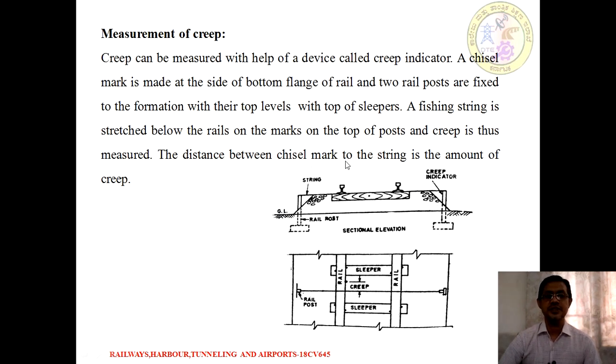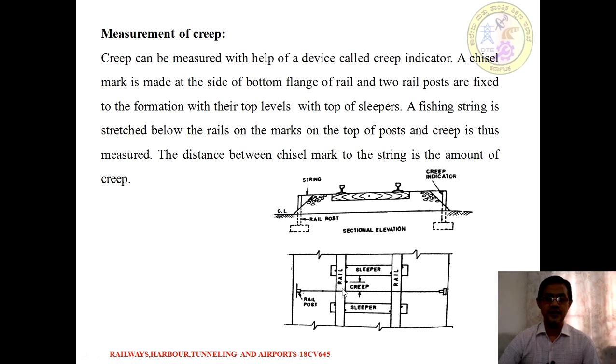The distance between the chisel mark and the string, where it has moved ahead with respect to the chisel mark, is measured as the creep. Say for example, we have a post here where a string is drawn exactly at the foot level.